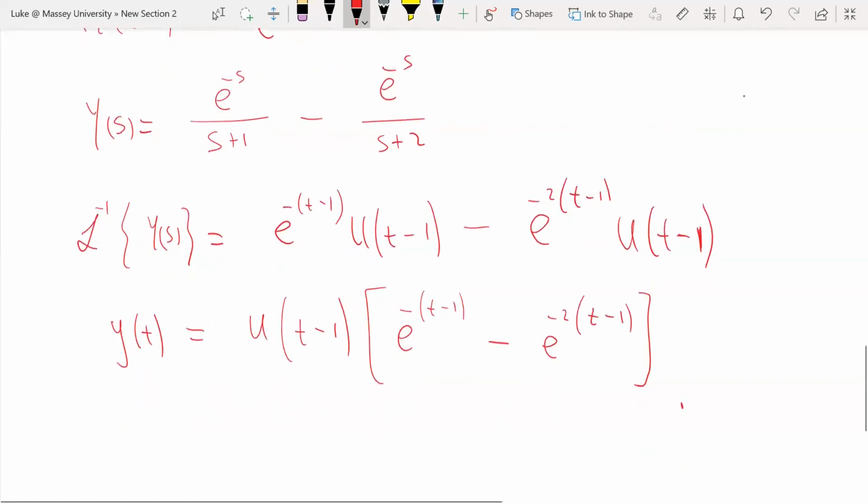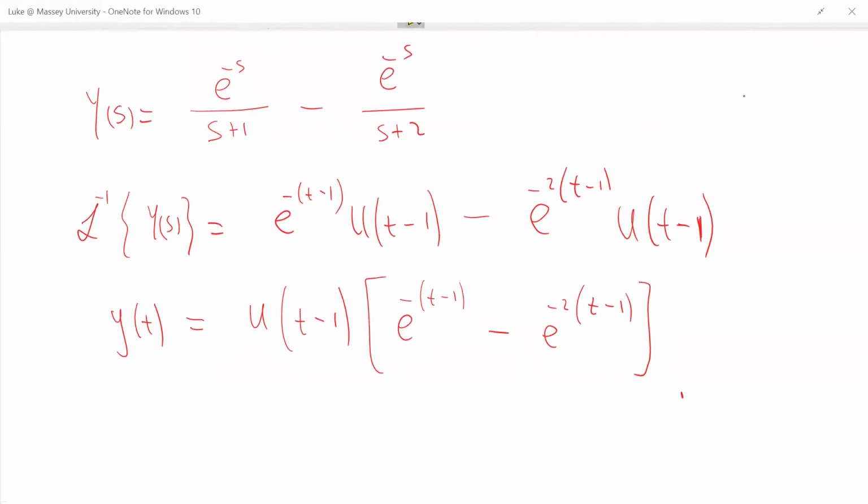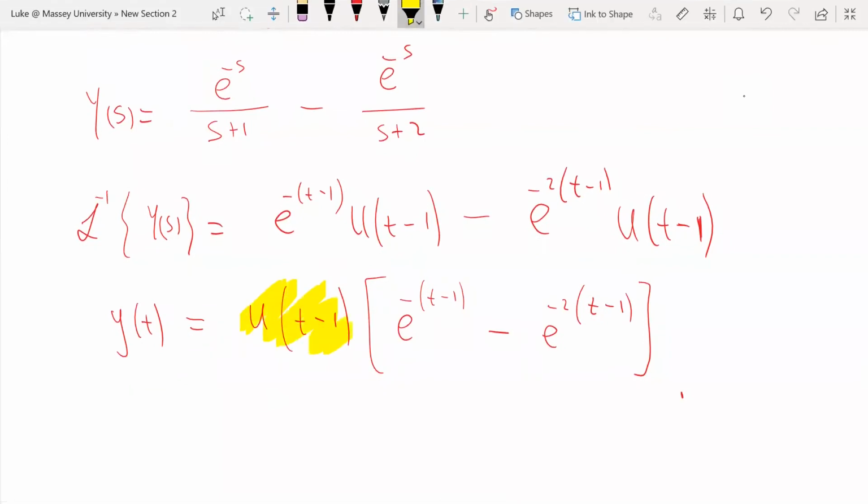Interestingly, this unit step function is equal to 0 for t less than 1, so this bit equals 0 for t less than 1. This is exactly what we said at the start of this problem, that this mass spring system will not move. It will stay in its rest position until we apply that impulse at t equals 1.